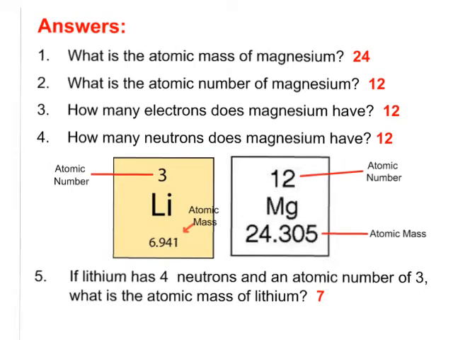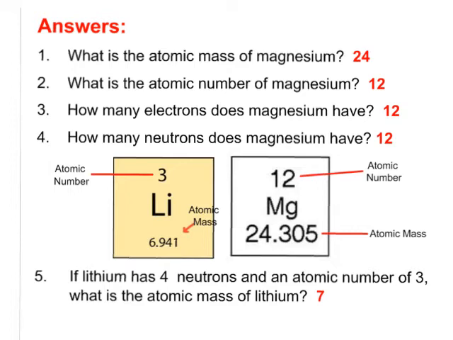Okay, here are the answers. We know the atomic mass of magnesium is going to be 24 when we round that number. We know the atomic number is 12. It's right there. Since the atomic number is 12, that means it has 12 protons.